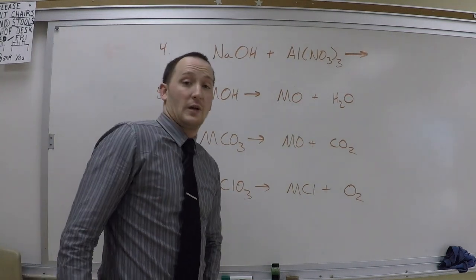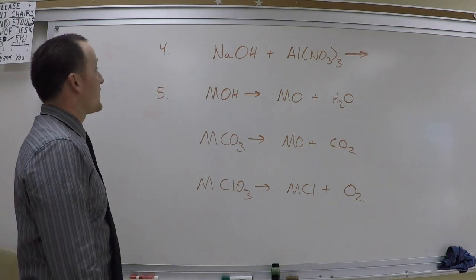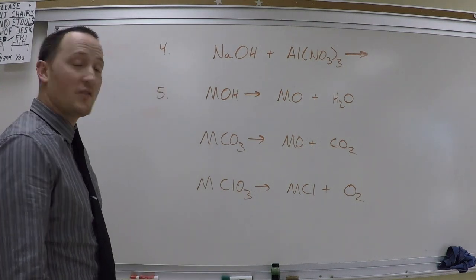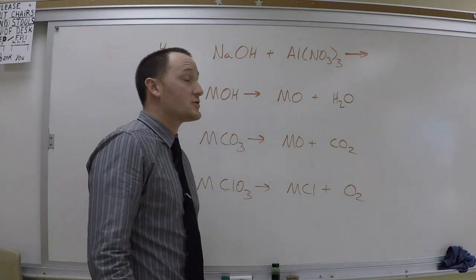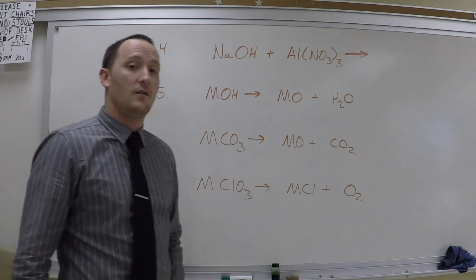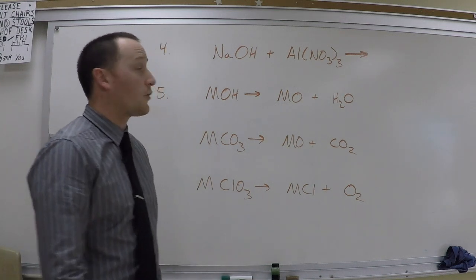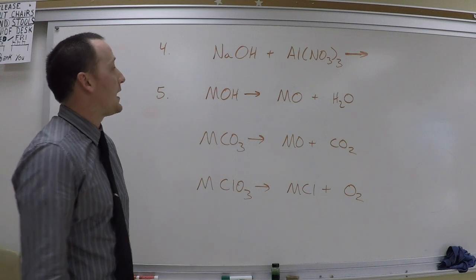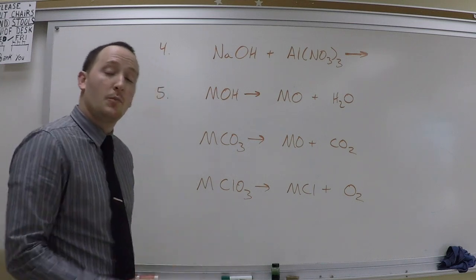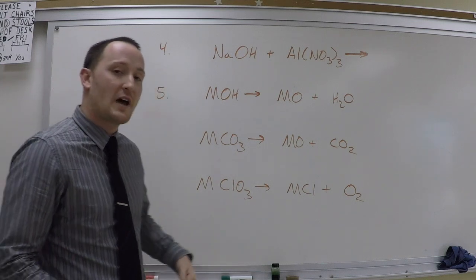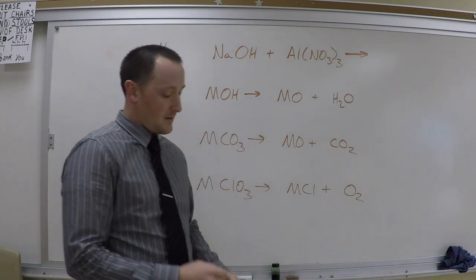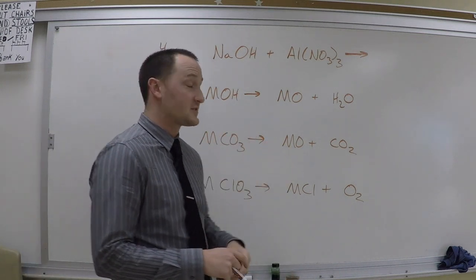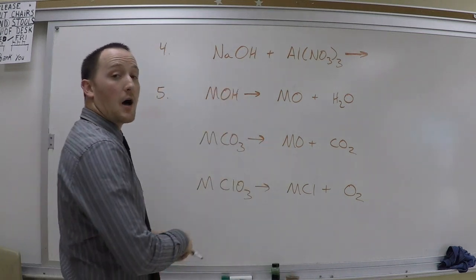All right, these next 2 reactions we're going to look at is we have sodium hydroxide, or NaOH, reacting with AlNO3, or what's called aluminum nitrate. Now, again, in order to predict the products of a reaction, we first have to identify the type. Again, there's those 5 types. This one has a compound.